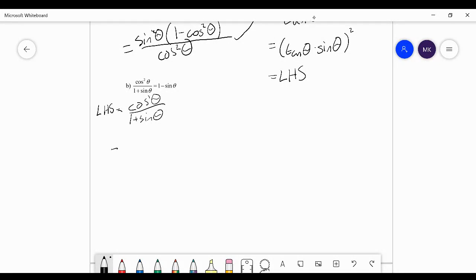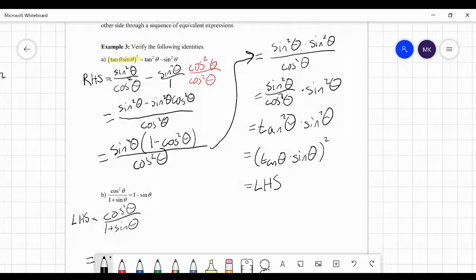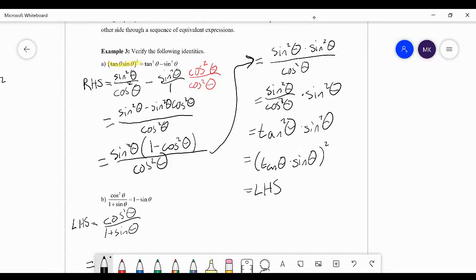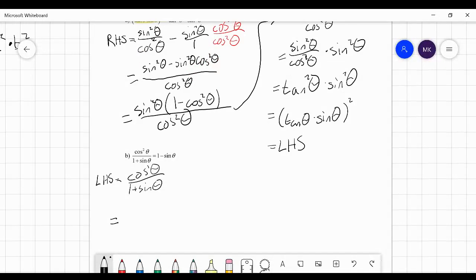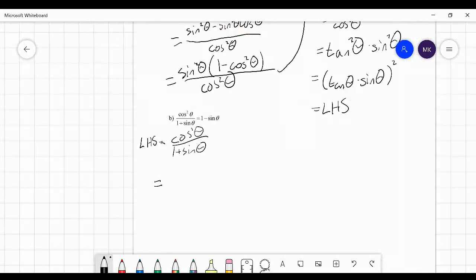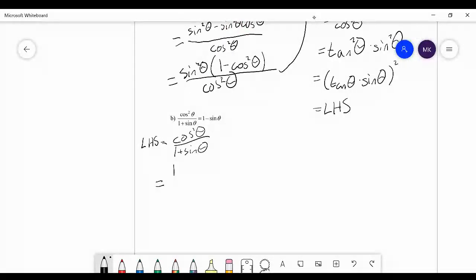And what's cool is very similar to how up here I took this 1 minus cosine squared theta and turned that into sine squared, I can take cosine squared and change that to be 1 minus sine squared theta. All right. Now, you're like, cool, I have the 1 minus sine, but this time it's squared, and I still have this in the denominator. We're making progress, but we're not quite there.